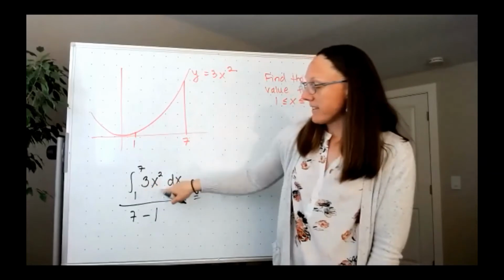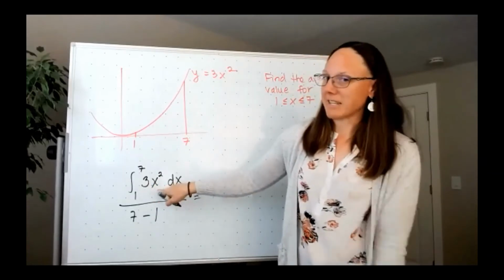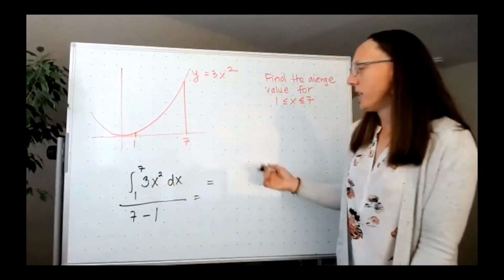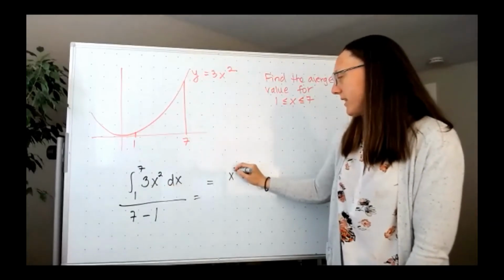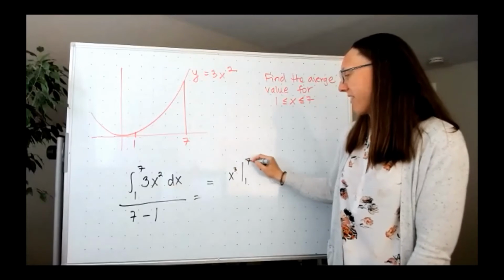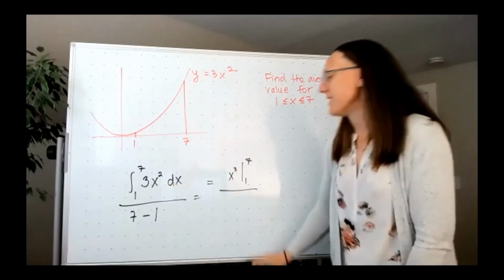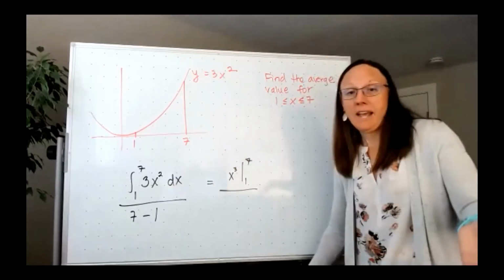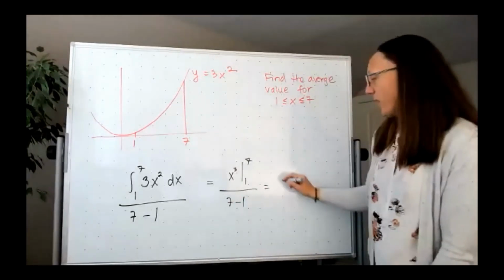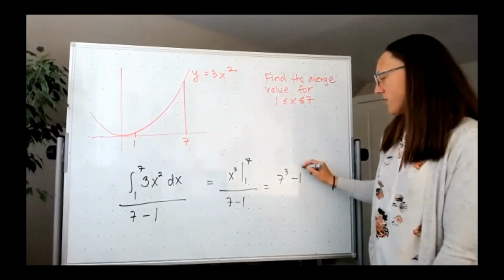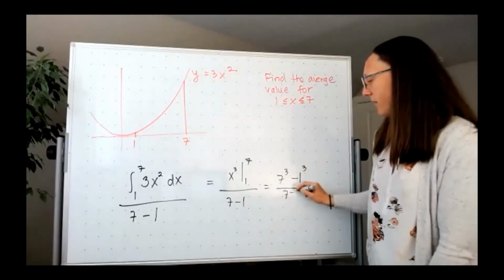Well, let's see. We can find the antiderivative of 3x squared. I gave us an easy function there. So the antiderivative is going to be x cubed, and we're going from 1 to 7. And then we would divide by how many things we had, or the width of my interval. So I'd have 7 cubed minus 1 cubed over 7 minus 1.